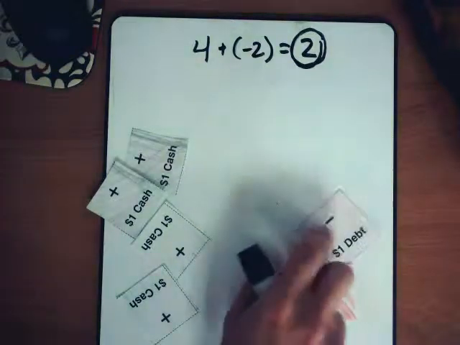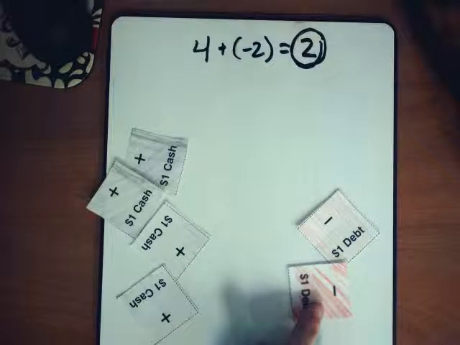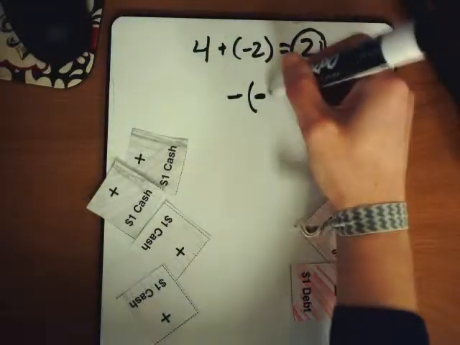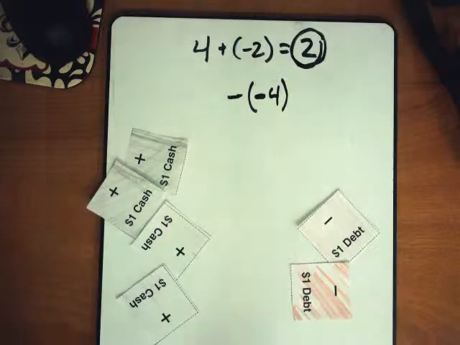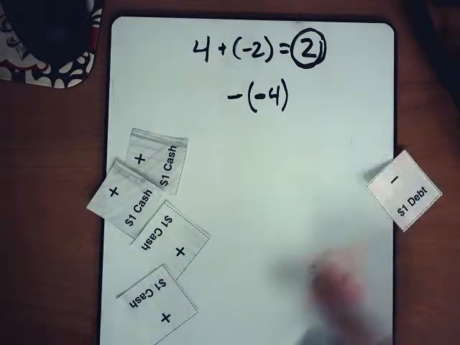If I wanted to take 4 away from here, I don't have 4 to take away, right? If I wanted to subtract a negative 4, I don't have that to do, right? So that's why it would be a more fair way that we can balance this out to be equal. I can take 2 of them away, right?